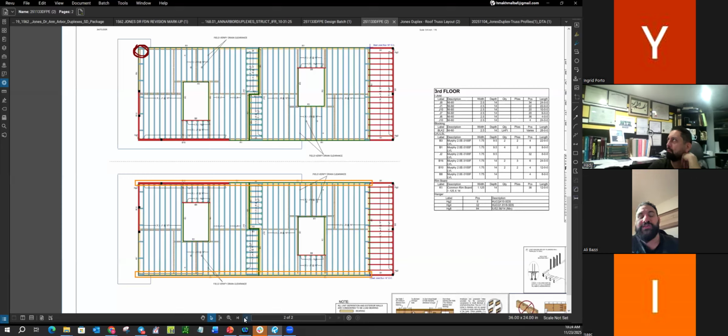So it looks like those two are the two load-bearing walls, and then the two walls parallel to the outside for the stairs, those two as well. Yeah, exactly, right there. They're utilizing those for bearing, and they're not using any interior walls for bearing at all.